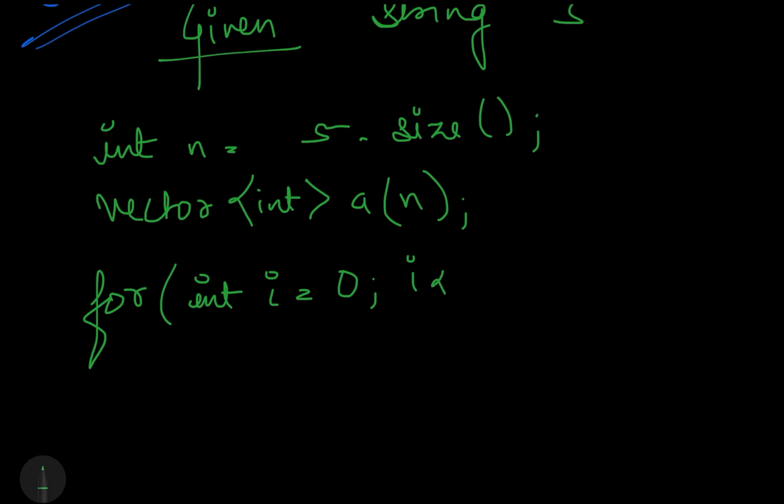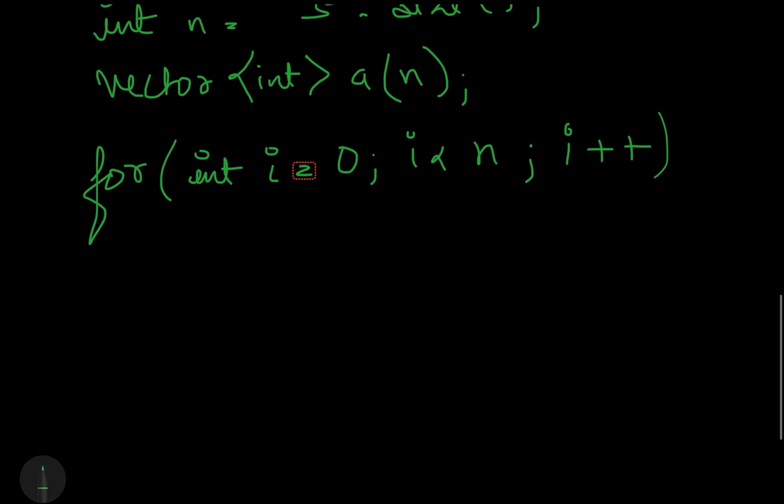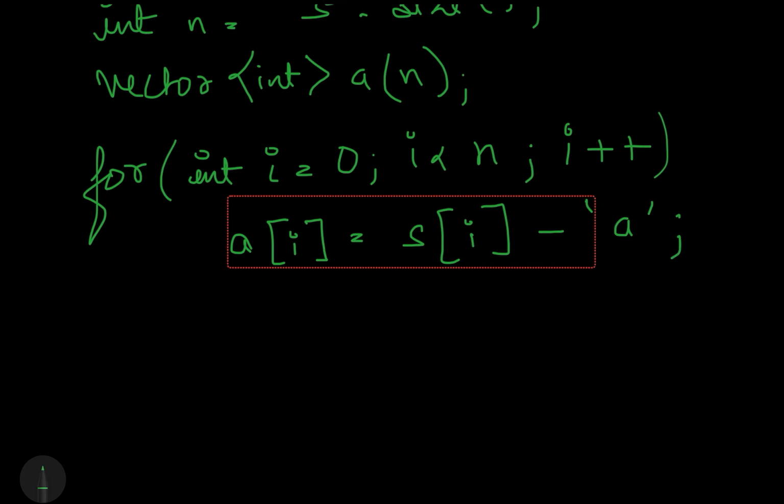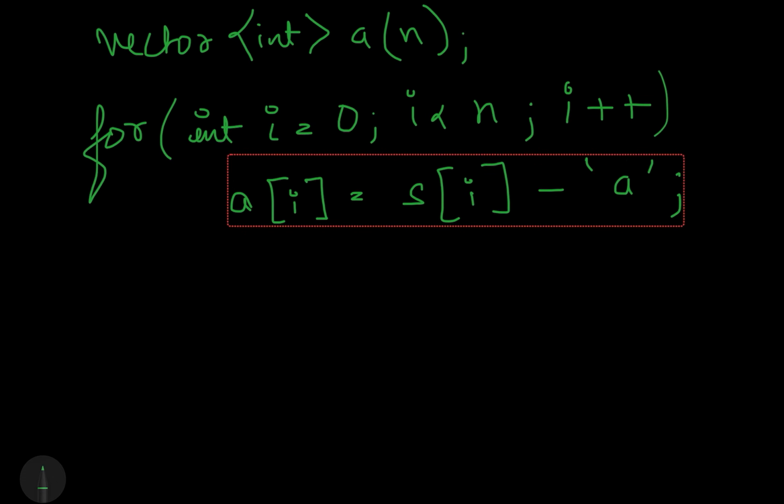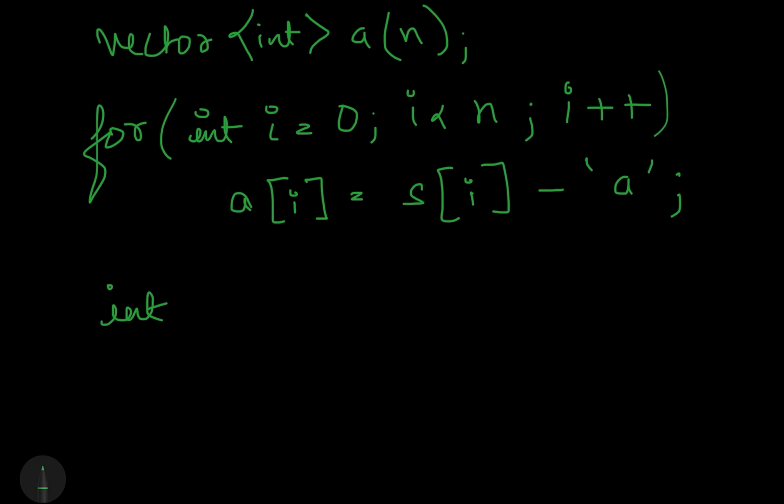What we'll store in this vector is all the letters in integer form, where a is treated as 0 and z is treated as 25. So simply we'll subtract a, and from the ASCII code we'll get all the values in our vector.